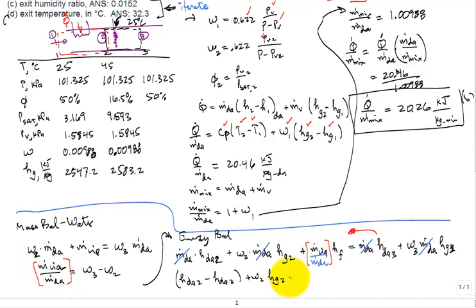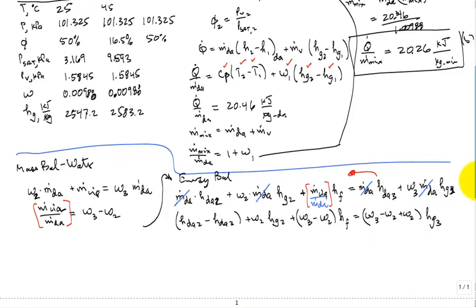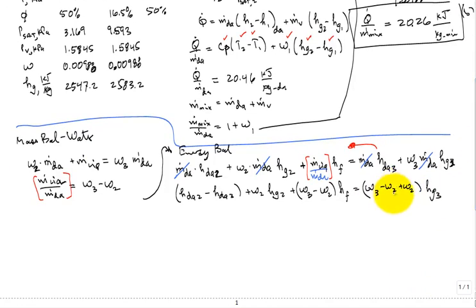That becomes omega 3 minus omega 2 times hf, equal to omega 3. Now, this seems a little weird, but I'm going to say omega 3 minus omega 2 plus omega 2, all times Hg at 3. I just added and subtracted omega 3.